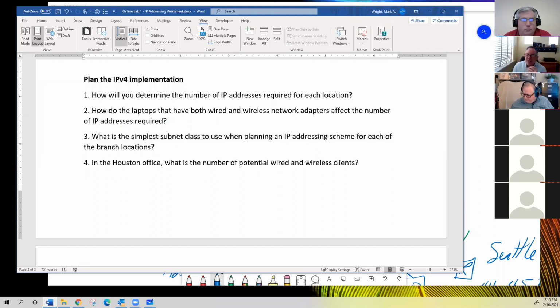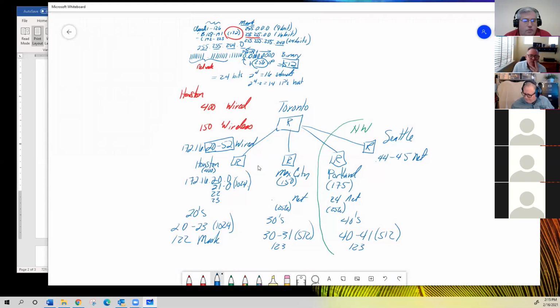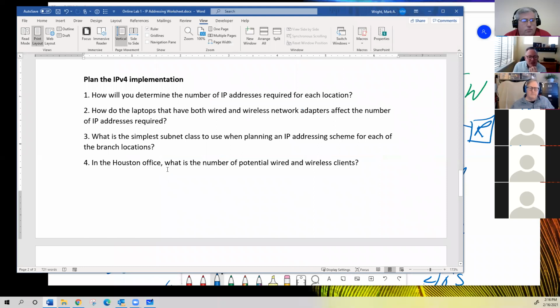But in this case, some people think a class C is the easiest. So for Houston, you need 2 class Cs, right? They'd say, okay, well that's 400 addresses. If I get 2 class Cs, then I'll just use the 20 and the 21, but they'll be 2 separate networks. That is actually not the simplest to configure, because then you'd have to have a primary and a secondary subnet or address there, and you'd have to route between the two.